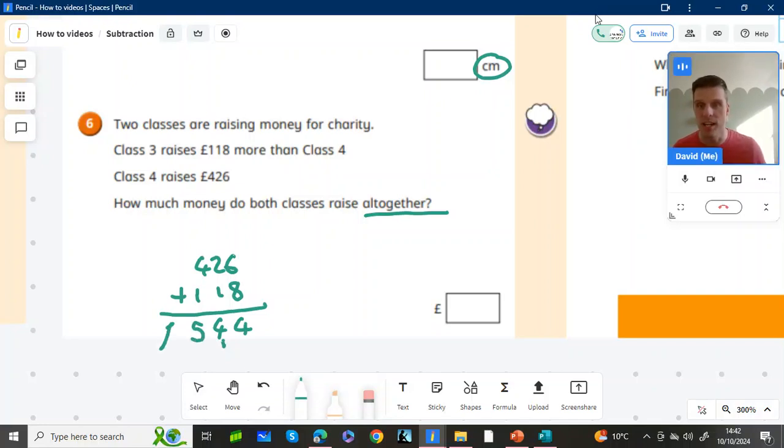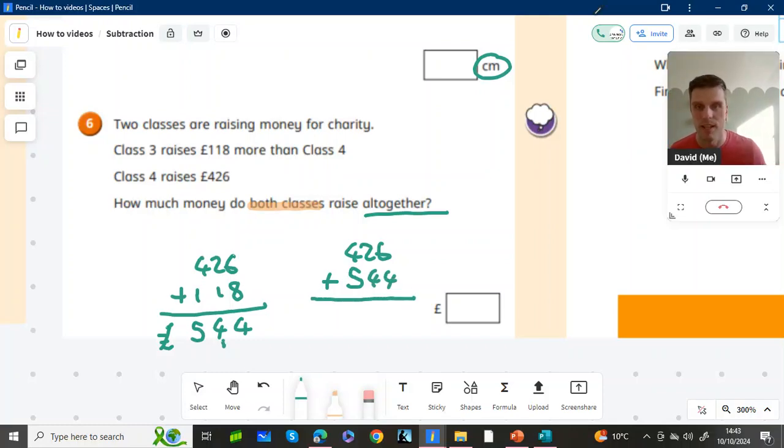So class 3 has raised £544, but it said how much do, and I'm going to highlight this, both classes raise altogether. So we need to add the two totals. So 426 add 544.